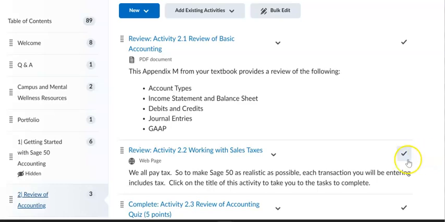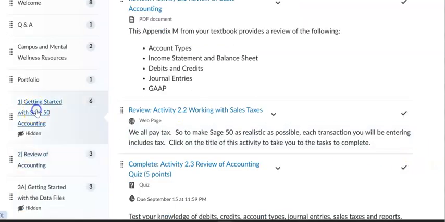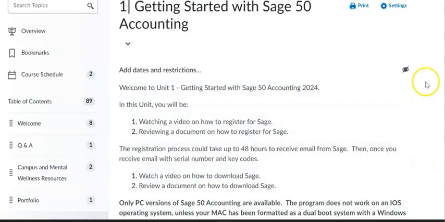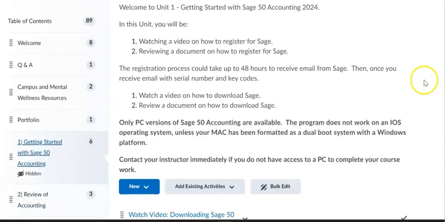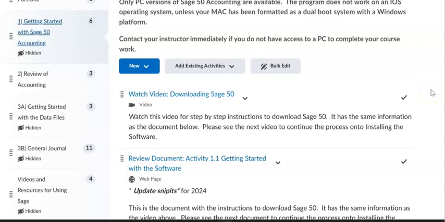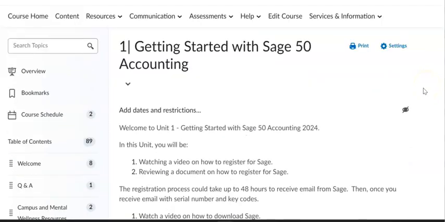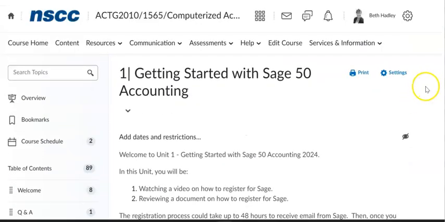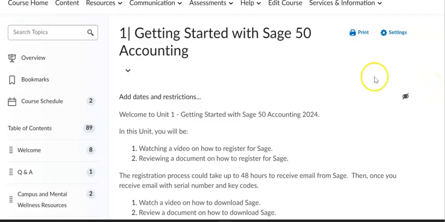Okay, so the information in getting started with Sage, basically what's going on is I just have to create a video to update the information where we have changed to a newer version of Sage. So that'll be available in the next couple of days.